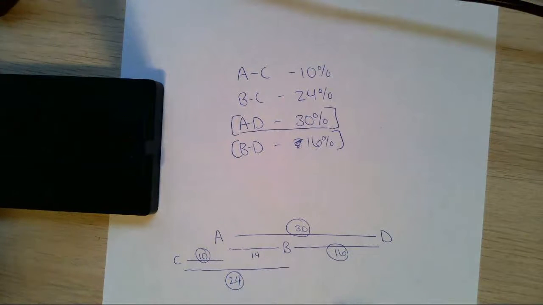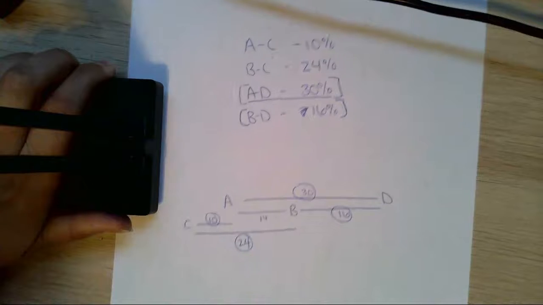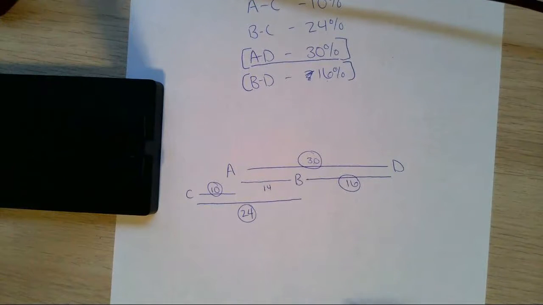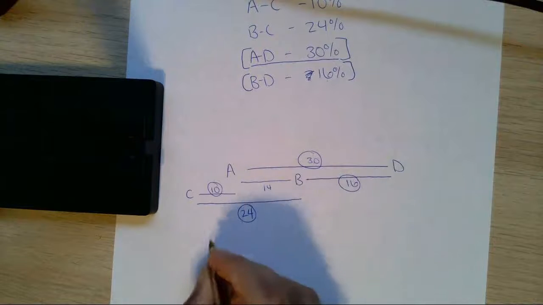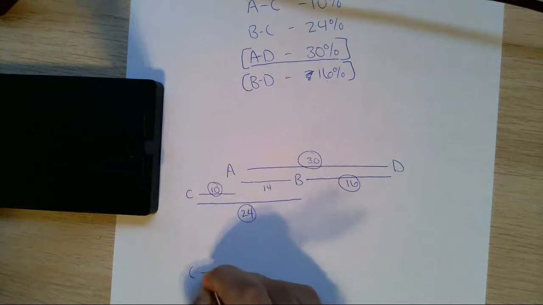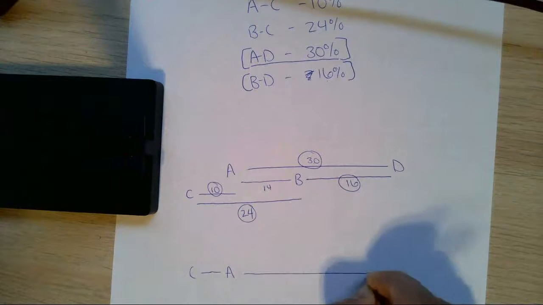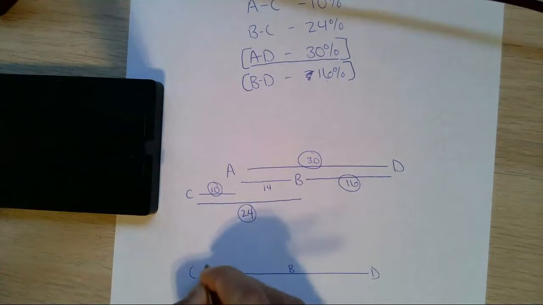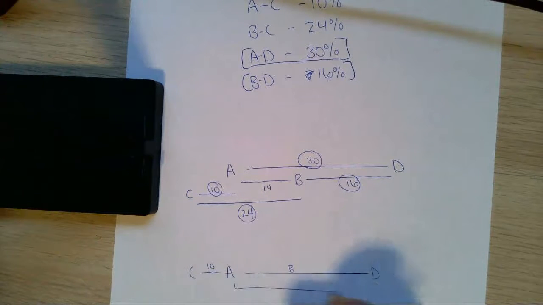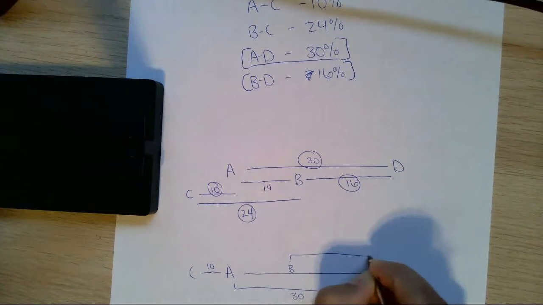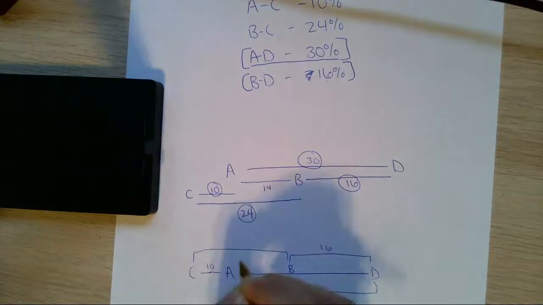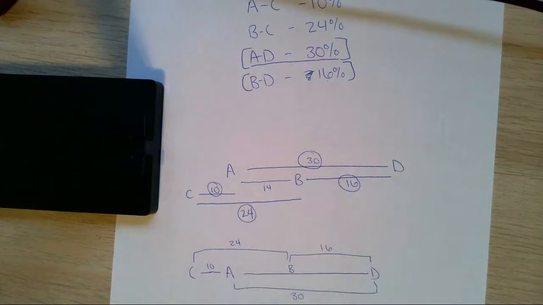So now if I wanted to just write this a little bit nicer, which you can, but I would also just take this as your picture. You can write C, and then you can write the map units in between, like that.